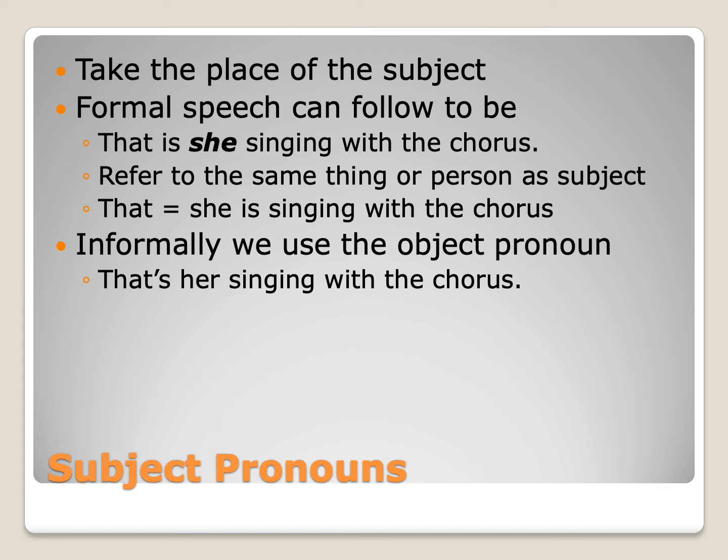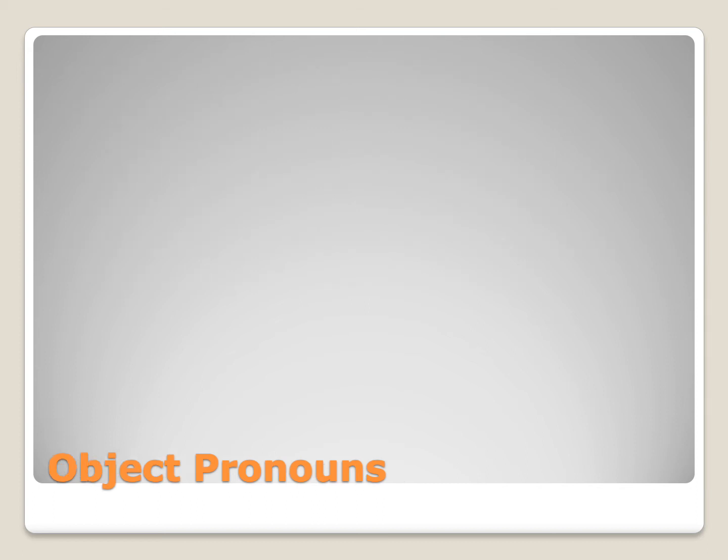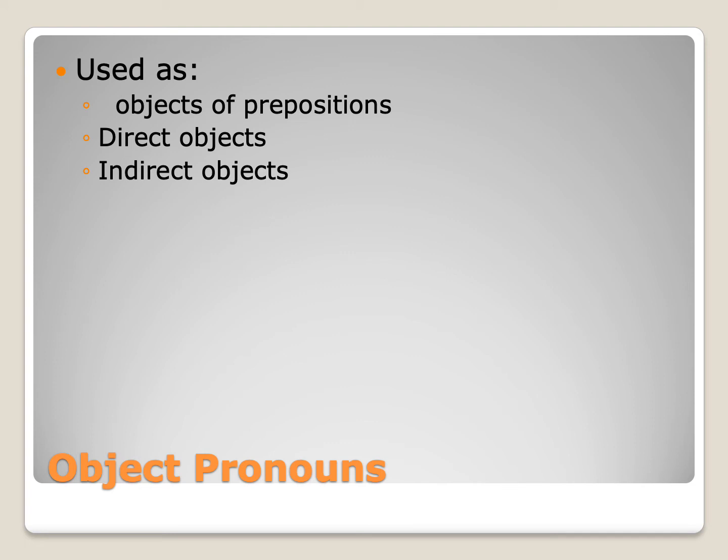But most of the time, what we use is the informal: "That's her singing with the chorus." We're using the object pronoun, which we shouldn't do, but that's how most people speak. And in this case, this wouldn't cause you any problems in an essay for this class because the other is just too awkward.